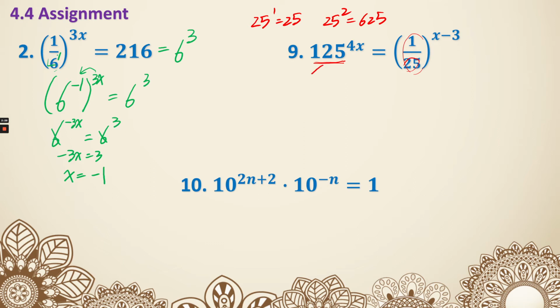Let's start with the left side. If it's a base 5, 125 is actually 5 to the third power. But since I'm just rewriting that number, the 4x, which is an exponent, still needs to stay as an exponent. I'm going to put 5 to the third power inside parentheses. So I can be very clear that 4x is still an exponent outside. As for the right side, well, I can always start by rewriting just the 25 into an exponent.